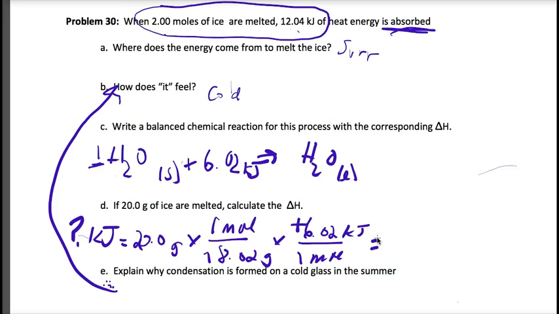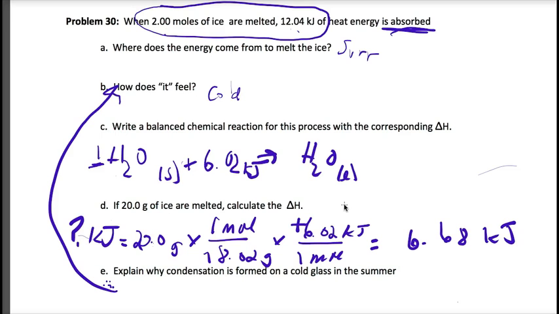It's because it's endothermic. So let's see what our answer is. 20 divided by 18.02 times 6.02. And I get 6.68 kilojoules of energy. And that makes sense to me because this is a little over a mole. So this should be a little more than 6.02, and that's right.